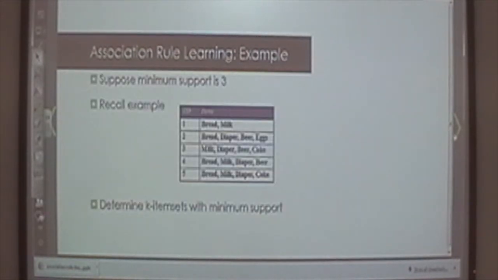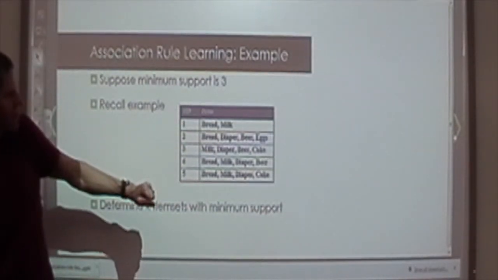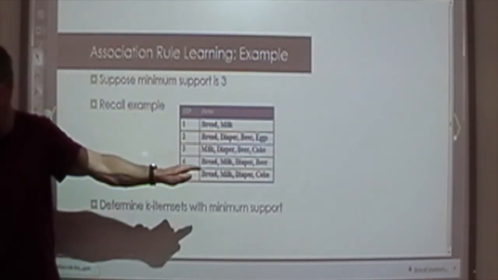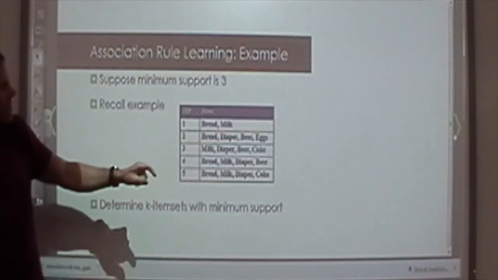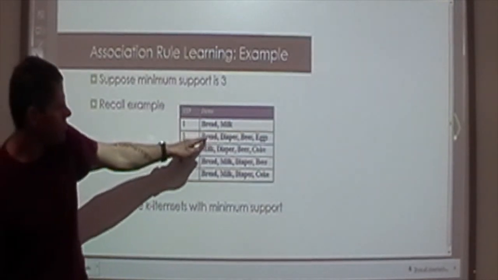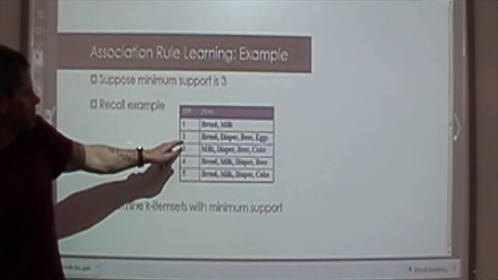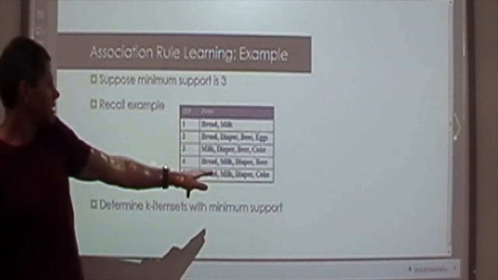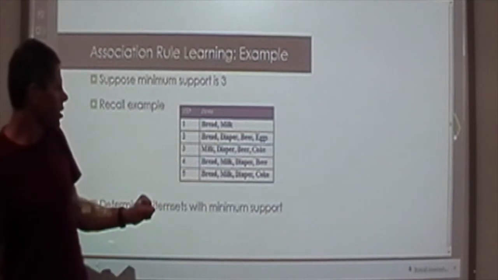We see bread and milk appears once in transaction 1, it appears in 4, and it appears in 5. So our count is 3. Whereas bread and diapers is also 3 in transactions 2, 4, and 5. Beer and diapers is 3, in 2, 3, and 4.